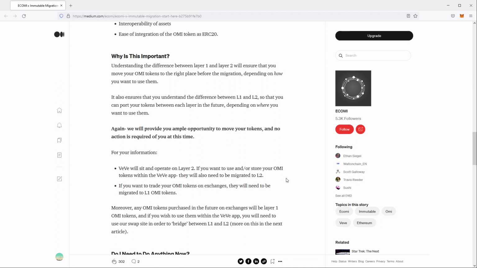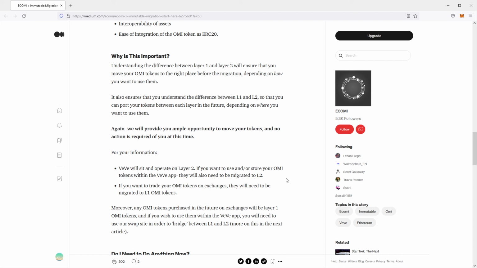But if you're going to be trading OMI tokens on exchanges, so let's say you're trading OMI for USD or OMI for Ethereum, on Bit4x or on Binance or Coinbase, these need to be done on a layer one platform, because now you're actually transferring from the base layer of Ethereum to another currency, or to USD and fiat.